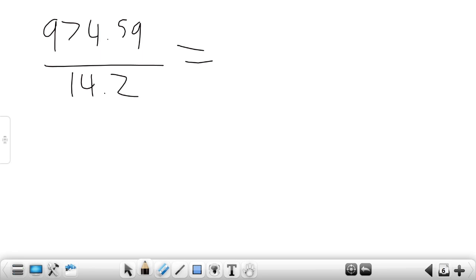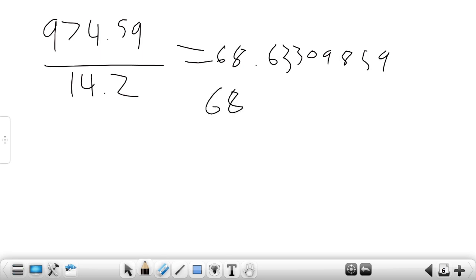That will be 3 sig figs. 974.59 divided by 14.2 gets us some whack number, 68.63309. It keeps going on. Let me actually keep going here. 859, so that rounds properly. We're going to round that to 3 sig figs, which will get us nice and easy, 68.6.